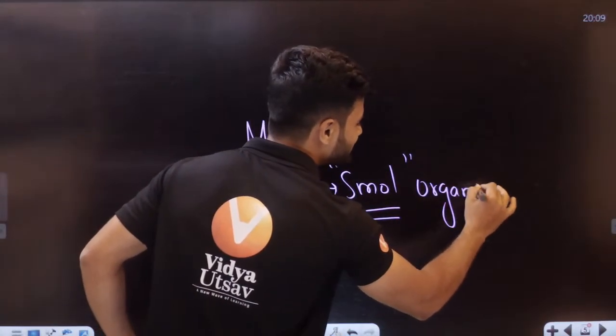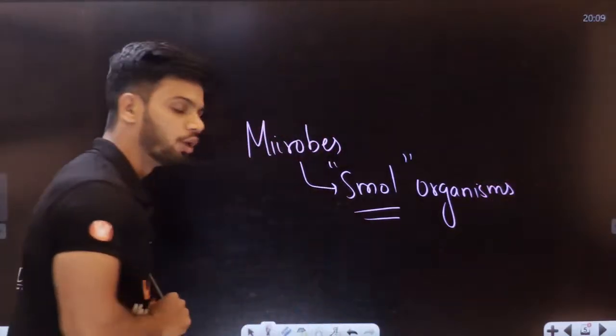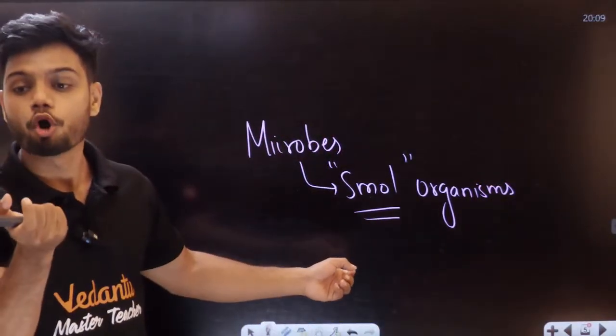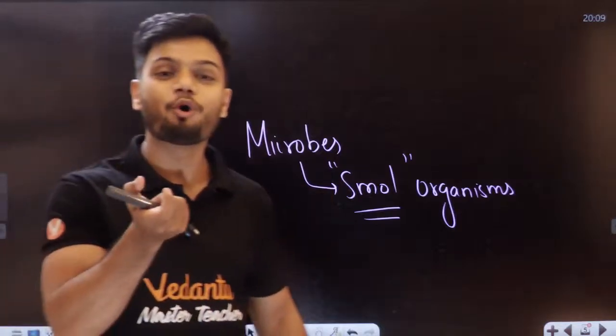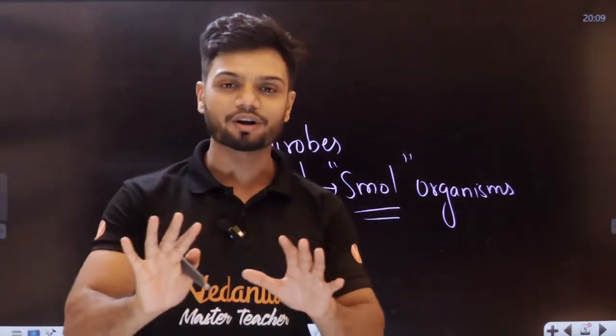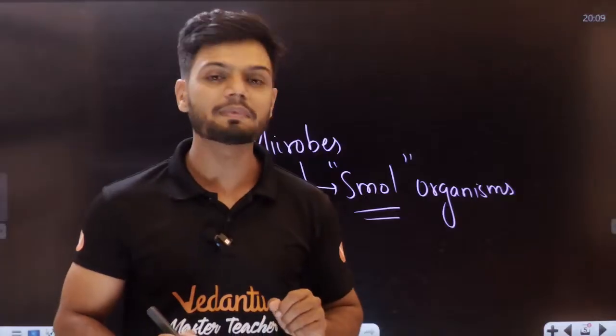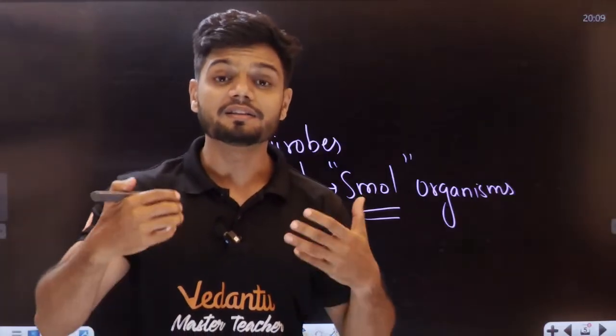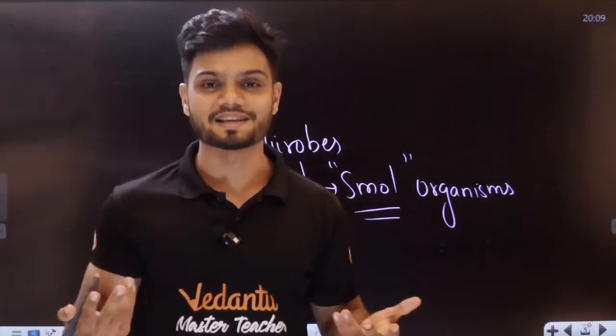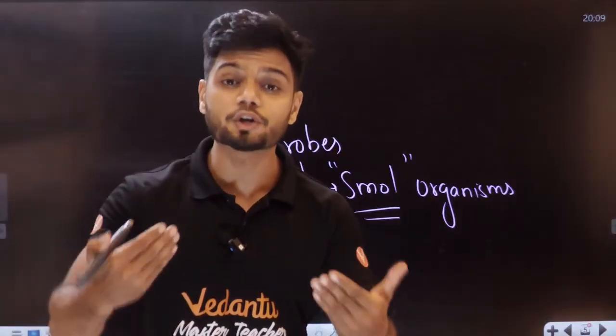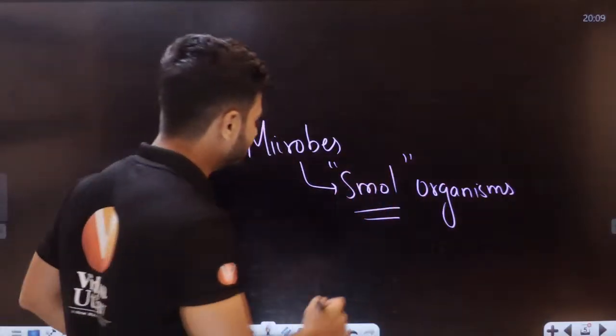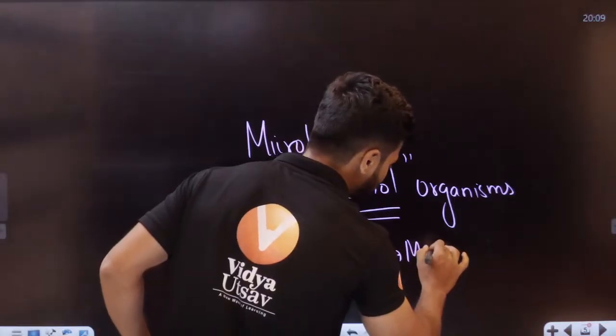These are organisms which are very small. What do I mean by that? It means that we cannot see them with naked eyes. It means we need a microscope to see them, students.